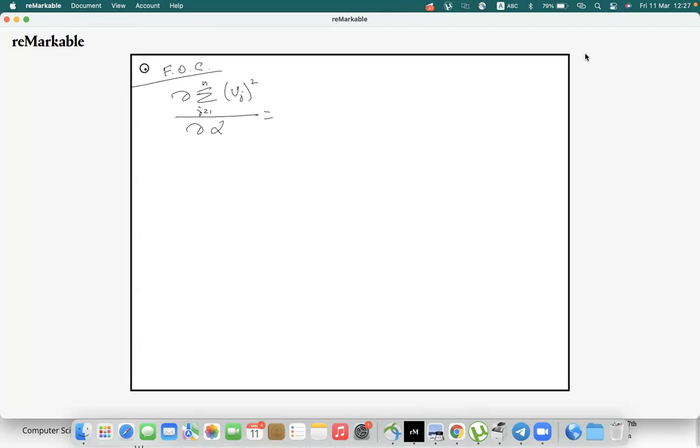We have two parameters, the alpha parameter and the beta parameter. This is a scalar.